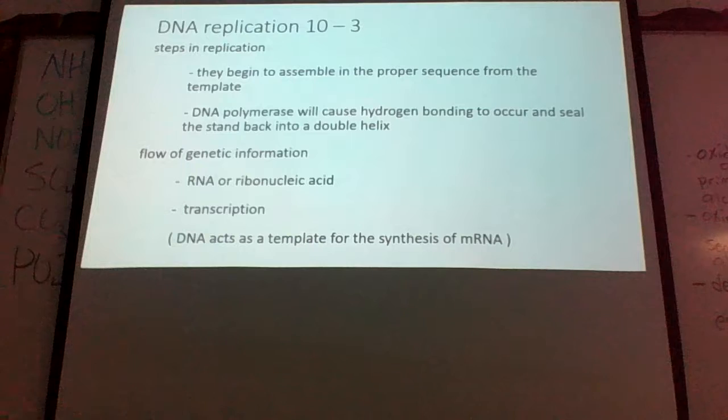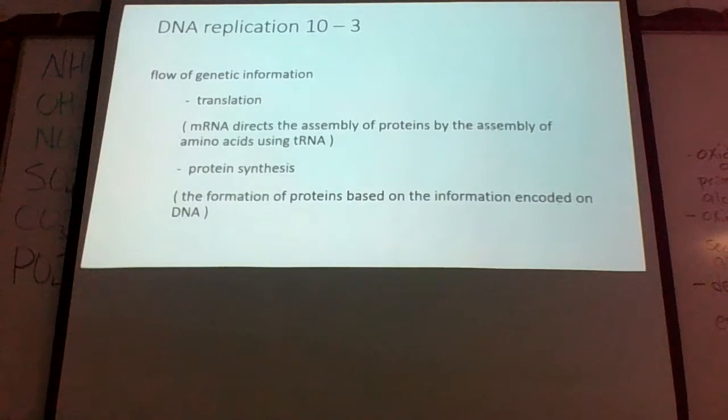A scribe is a person who could read and write. So when we look at this process of transcription, it's kind of like a scribe back in medieval times looking at information and reading and rewriting that. There's a process of transcription, and then there's a process of translation. And all of this put together is protein synthesis.